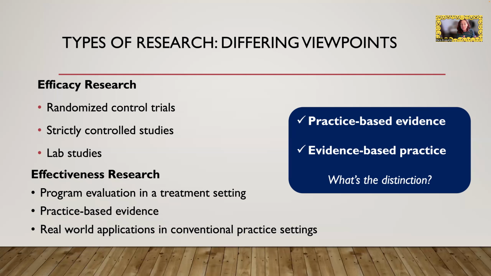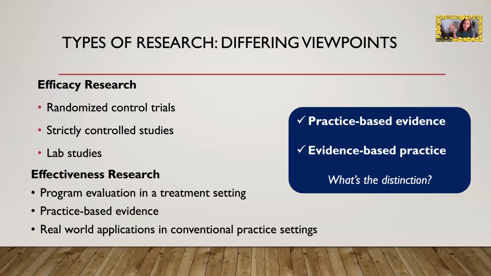But then there's also what we call effectiveness research. And effectiveness research are those program evaluations I described last time in the treatment setting. So typically a program evaluation is going to be a pre-post study or before and after study where you look at how your clients are doing prior to the program being there, and then you look again after the program is there.